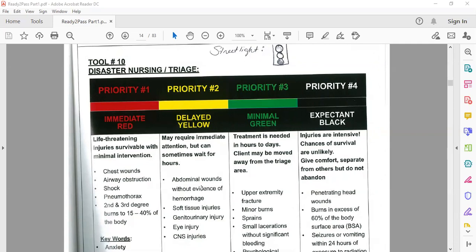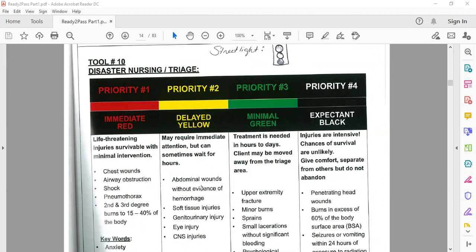So next, I said priority number 3, which is the minimal or green. In class number 3, green tag means minor injury, and minor injury does not require immediate treatment like priority number 1.